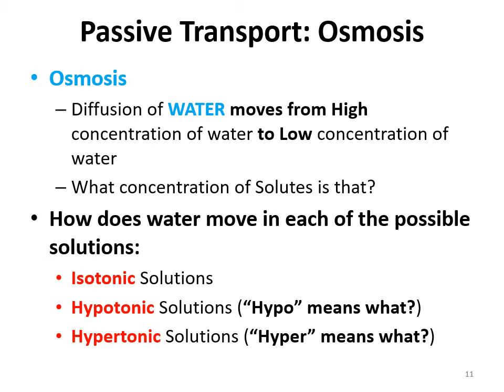A lot of salt outside means there's very little water out there, right? So that means in comparison, the inside of the cell has a lot more water, okay? So the water will want to move from the high inside to the low outside, okay? So you get shrinking of the cells, okay?